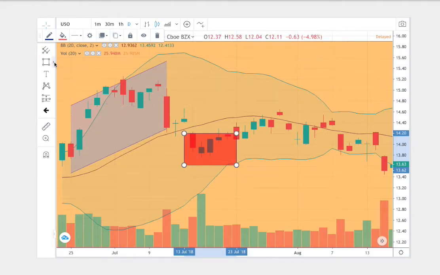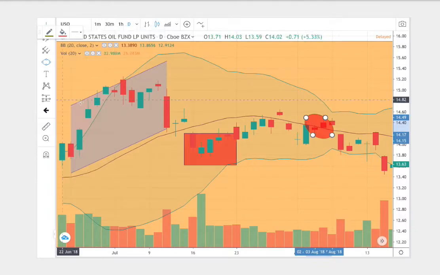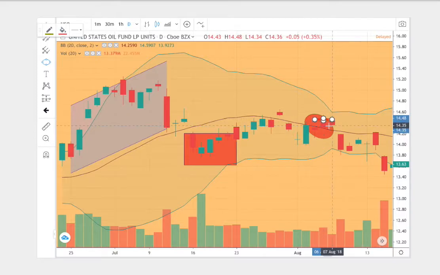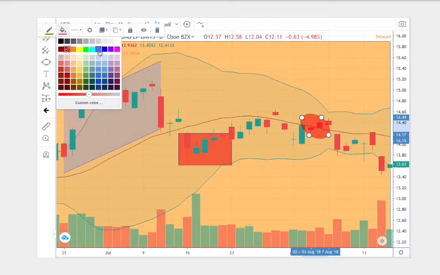And then we see several attempts of touching or breaking above the middle Bollinger Band. It does, but it got retraced, and we further go back down. That'll be actually blue, so I'll mark this and make this blue, touching the middle Bollinger Band.